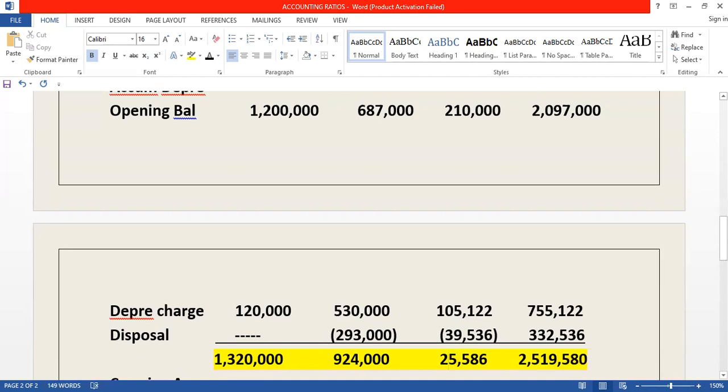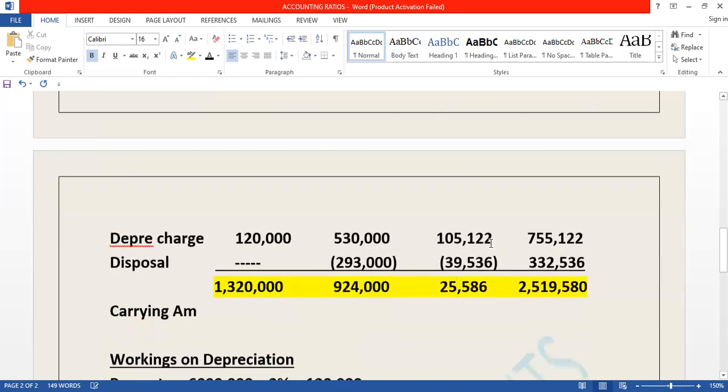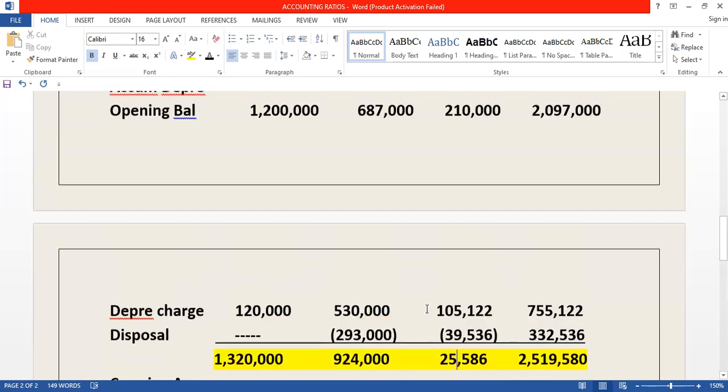I'm talking of the total, not the motor vehicle. You mean the total after deduction? Okay, the total here. So we're having 25 what? 2,519,586. This figure. Yes.